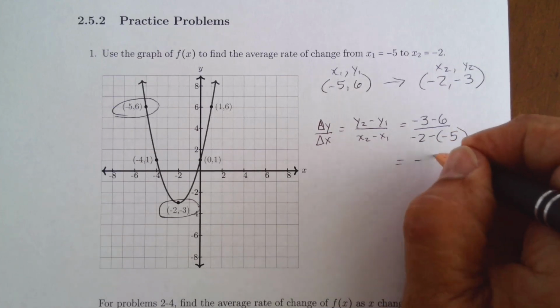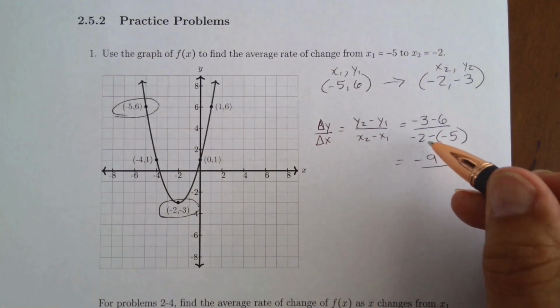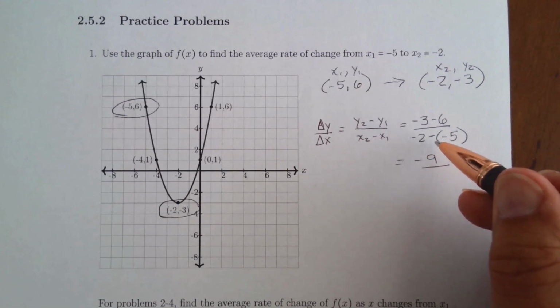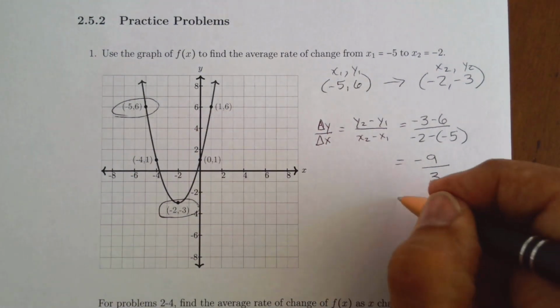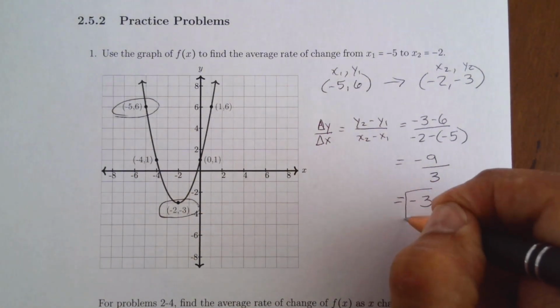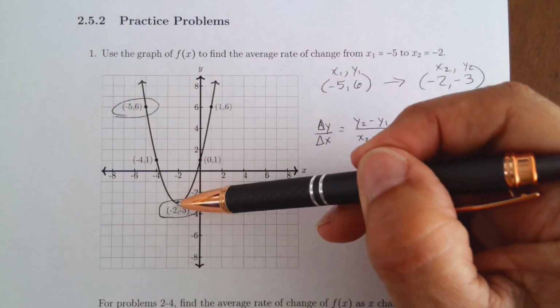In the numerator you have negative 9, since negative 3 minus 6 is negative 9. In the denominator you have negative 2 plus 5, so that would give you a positive 3. So that equals negative 3. So there is the average rate of change from this point to this point.